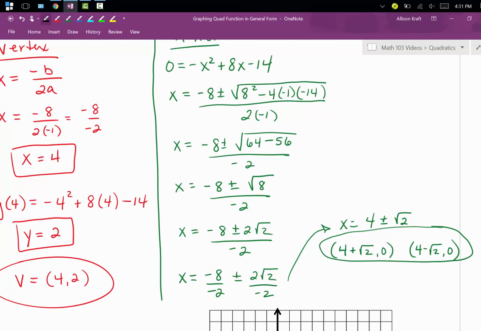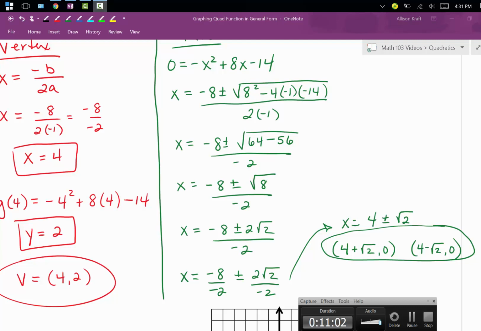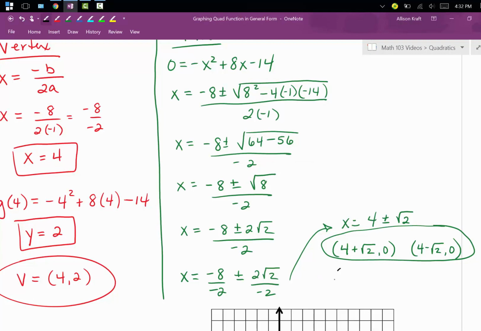So our decimal approximation here will be 5.41, comma 0 and 2.59, comma 0.